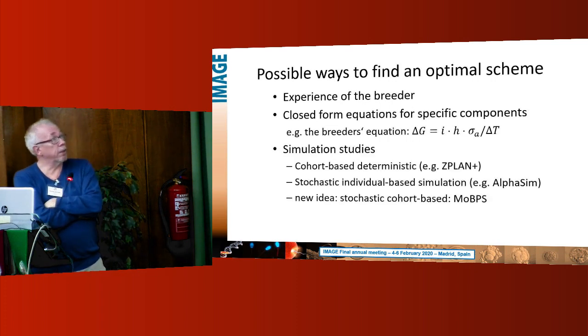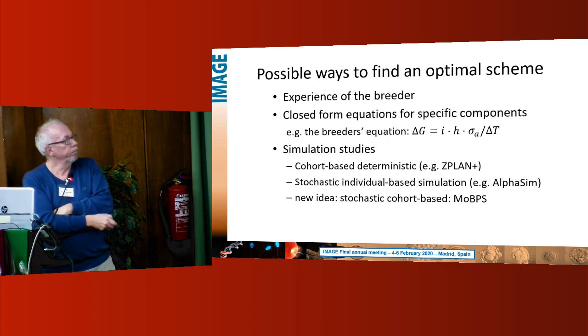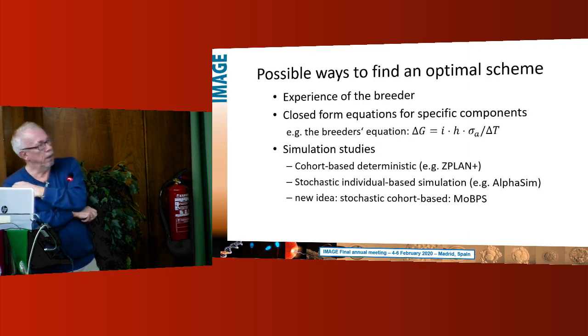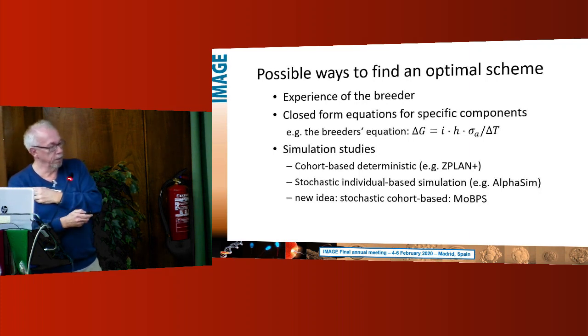You can do simulation studies, and there are different types. There are cohort-based deterministic simulation studies, programs like ZPlan+, and stochastic individual-based simulations like, for example, AlphaSim. And our idea was to merge these two components and have a stochastic but cohort-based approach, which we called MOPS.